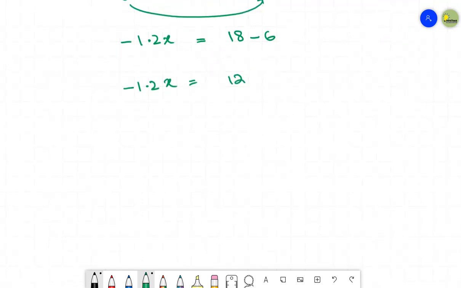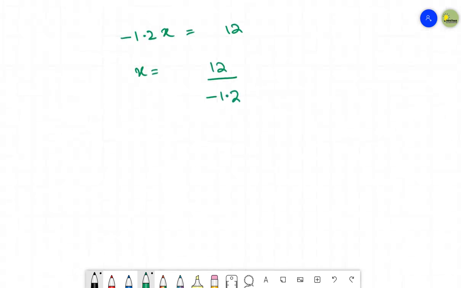Now you have to shift minus 1.2 to the denominator. So 12 divided by minus 1.2. If it is a plus sign and a minus sign, plus and minus becomes minus, so minus 12 divided by 1.2. In order to make 1.2 an integer value, you have to shift the decimal to the end of the number.